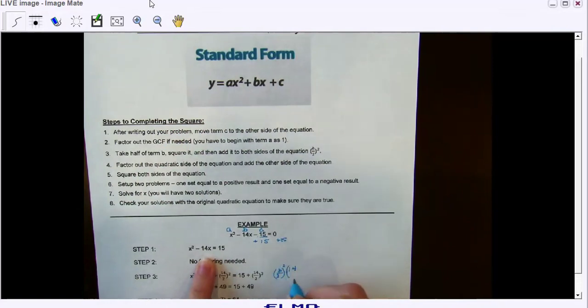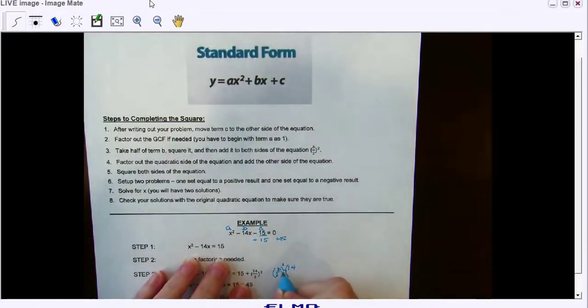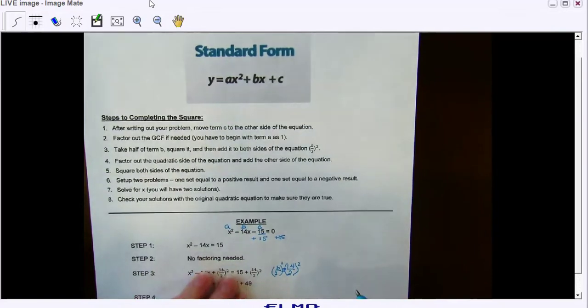So we're going to take, oh, here I go, messing up already. And I didn't bring any white out. All right, so we're going to take 14, divide it by 2, and square it. So let's do that. 14 divided by 2 is 7. We're going to square it.